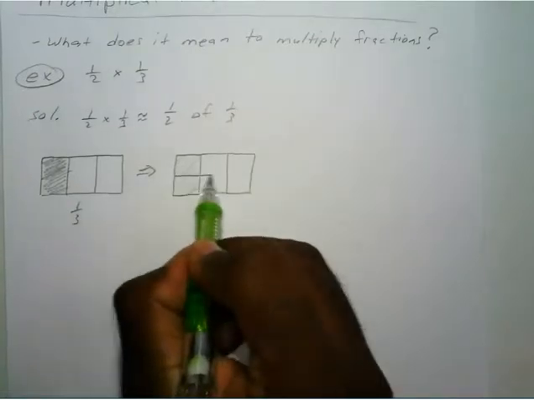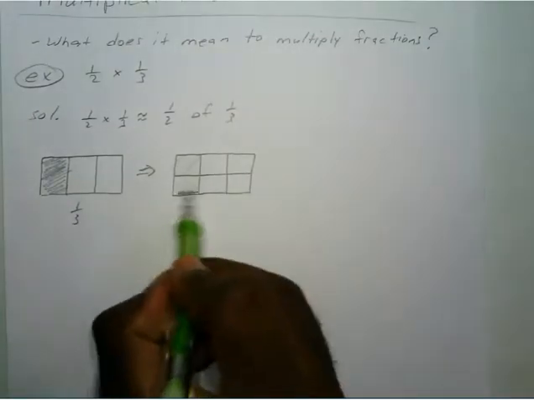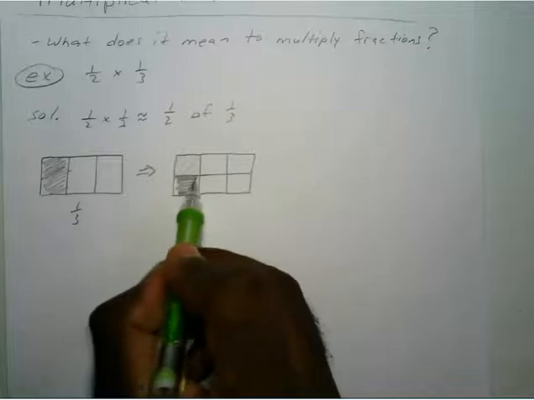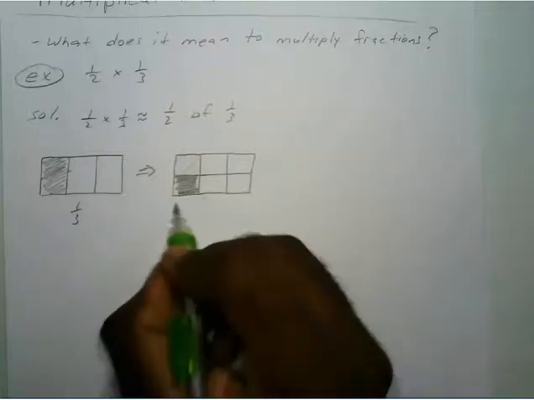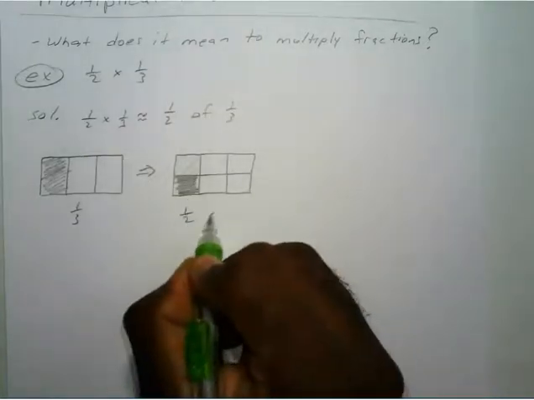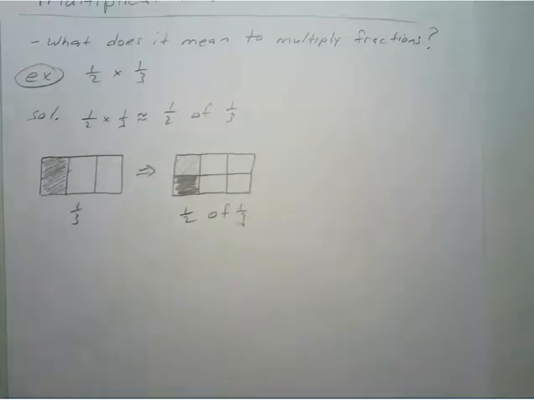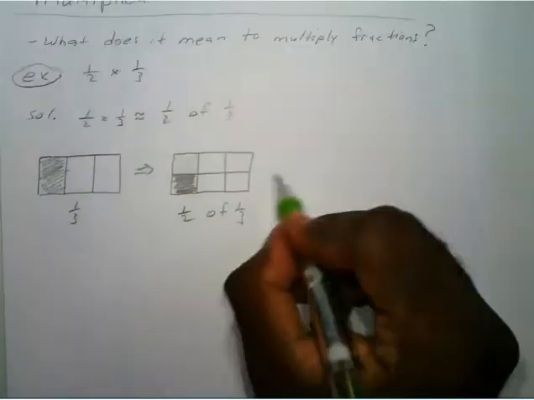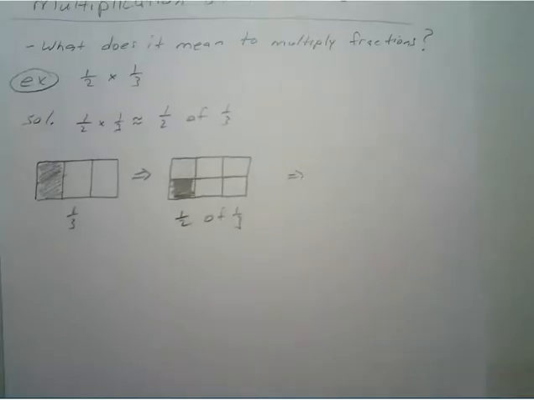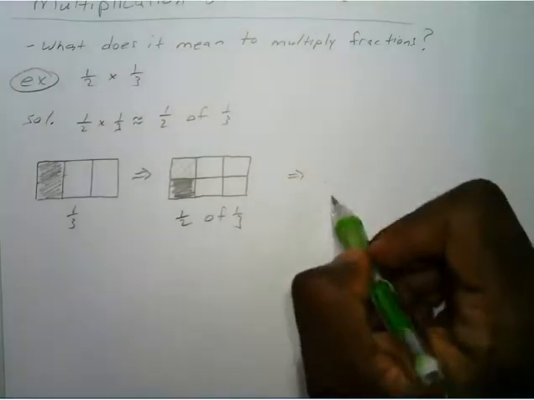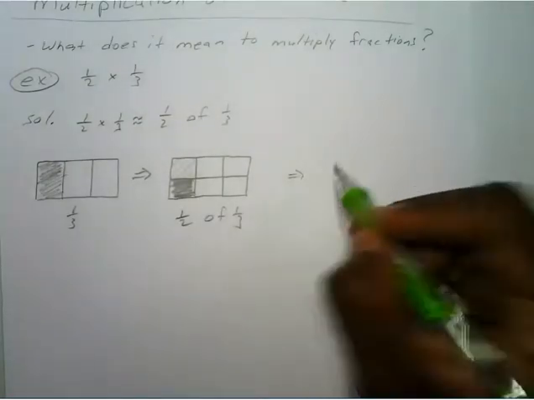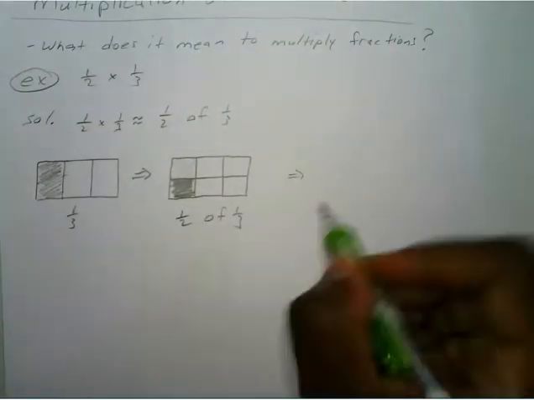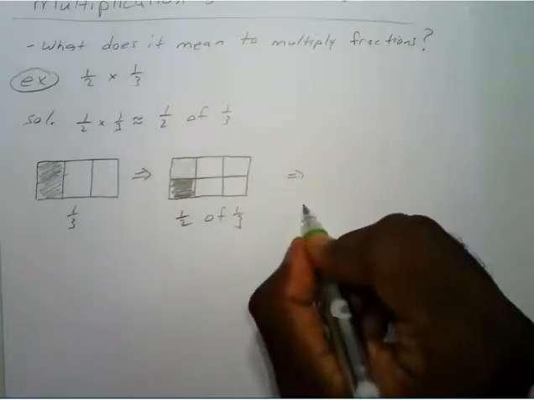What if we get half of that? And that's 1/2 of our 1/3. So when you're multiplying, 1/2 times 1/3 is just 1/6.